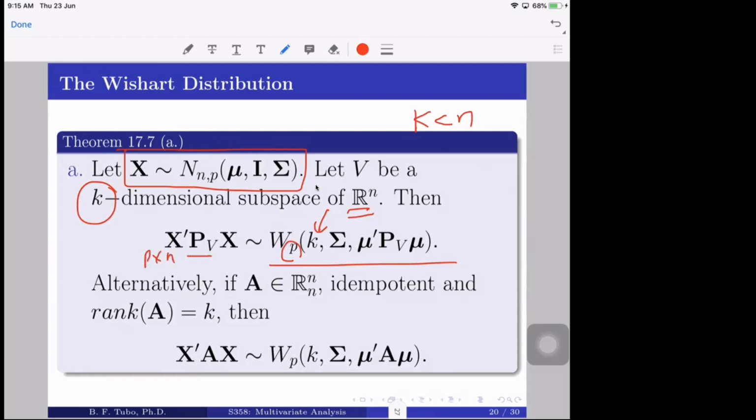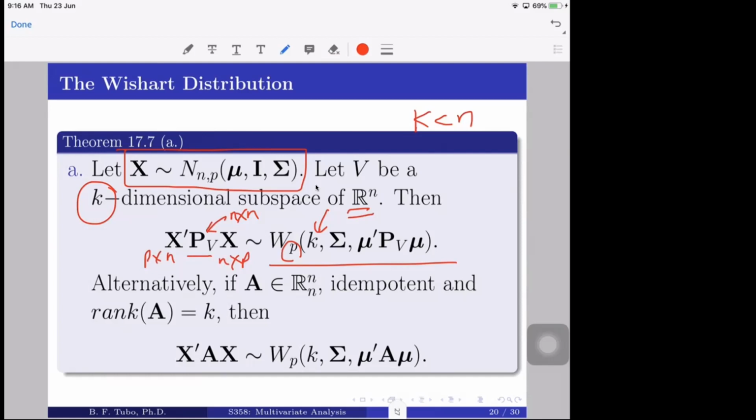So the degrees of freedom follow the dimension of your subspace. Now for the dimensions of x prime PV x, x prime is p by n. So again, PV can be related to a matrix. There is a comment in chapter 2, page 35 of Arnold, where we also use PV for the matrix of the function PV.